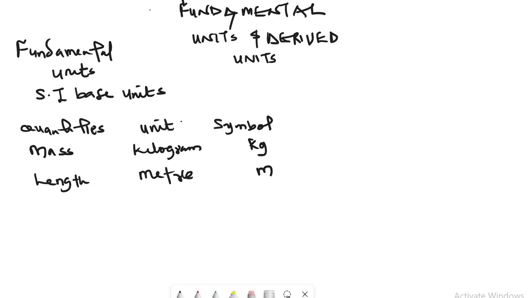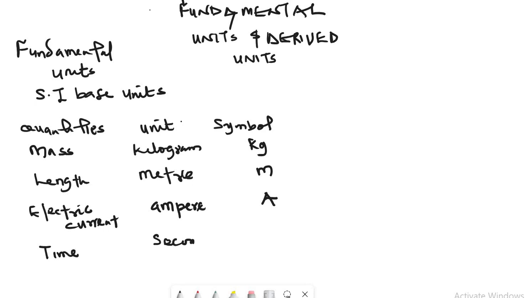One of them is electric current. The unit is in amperes, and the symbol is A. One of them is time. Time is measured in seconds.